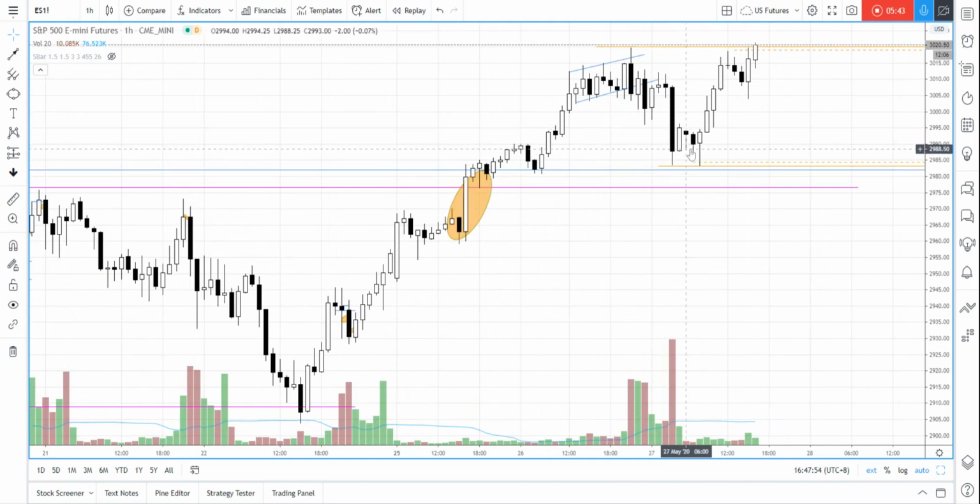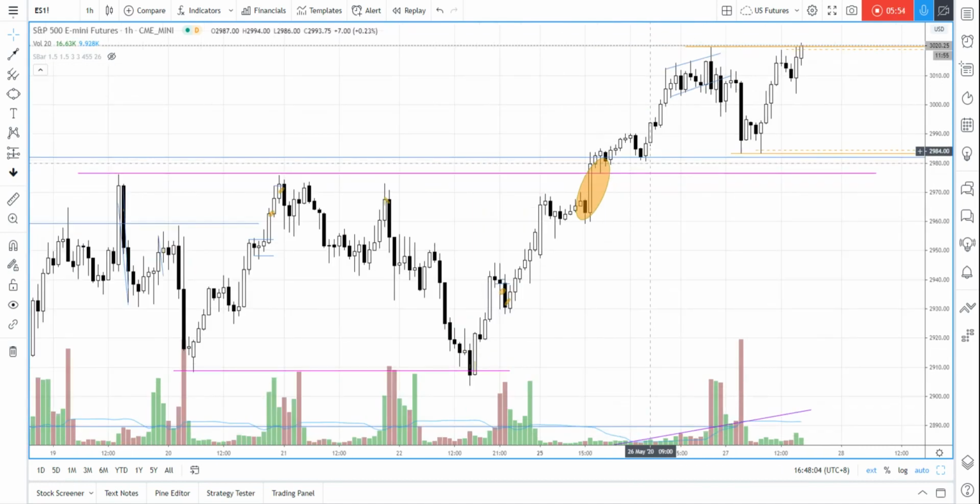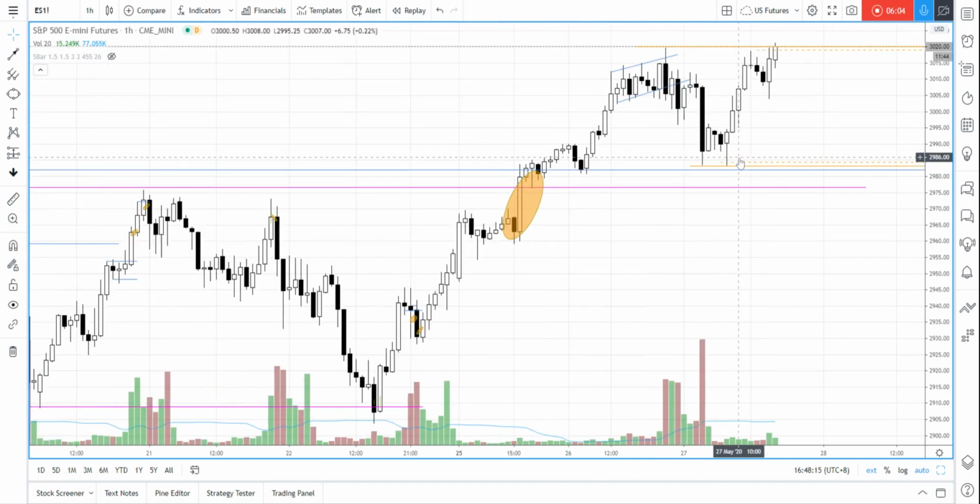The immediate support level that I'm looking at is definitely the swing low here around 2980. And if we see deeper tests, then probably we'll test this breakout bar from 2960 to 2980. So these are two possible support levels: 2980, which is the swing low here, or yesterday's low.